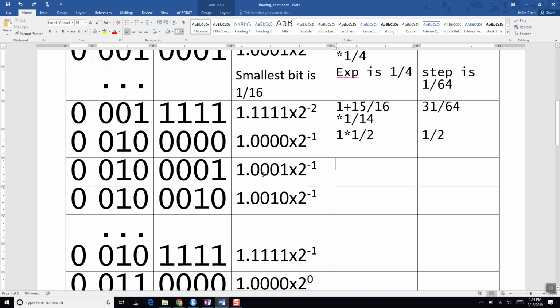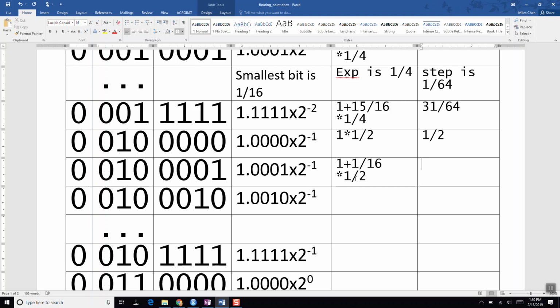My exponent is 0, 1, 0, which turns into 2 to the negative 1, and my mantissa is 0, 0, 0, 1. So that's going to be 1 plus 1/16, multiplied by my exponent, 2 to the negative 1, so this is 1/2.